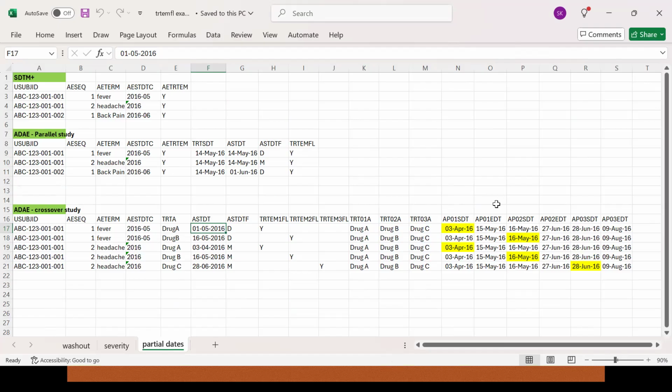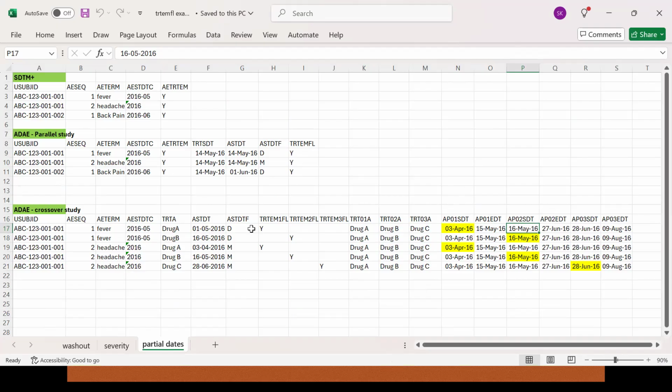The second scenario is that if we go to the second period and the second treatment start date, the month is the same as your adverse event start date month here. So in this example scenario for the fever adverse event, you will need to create two records in the ADAE dataset.